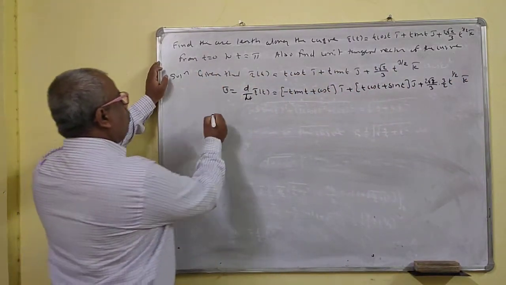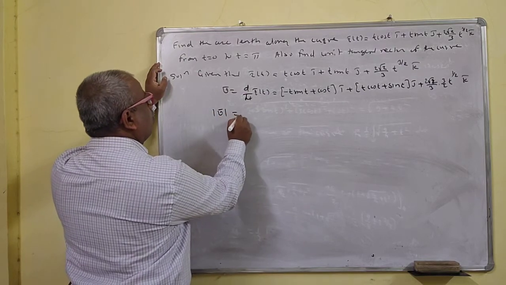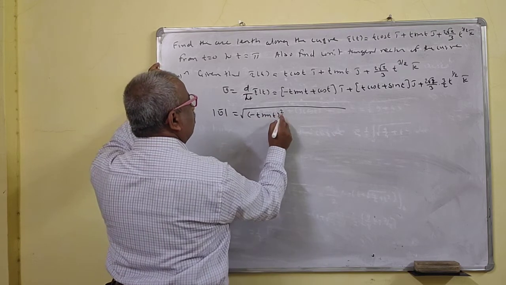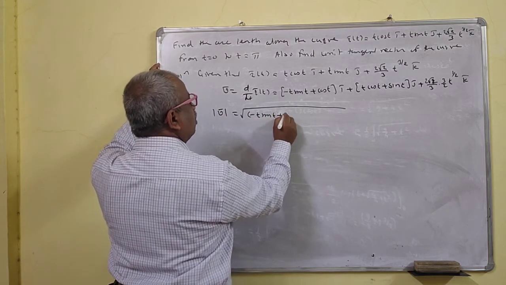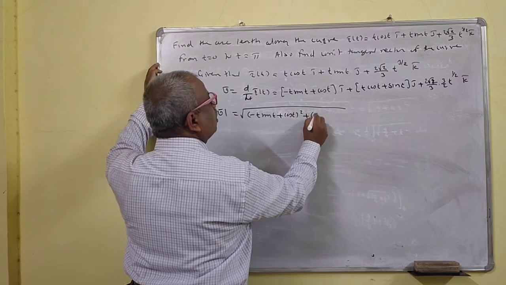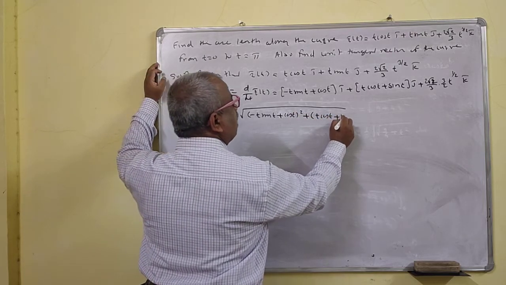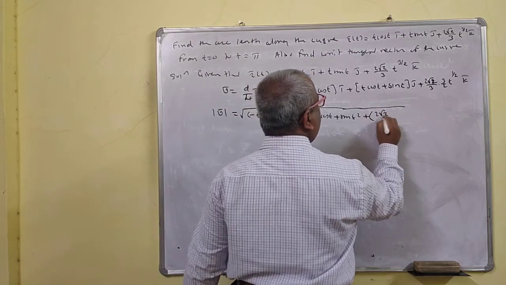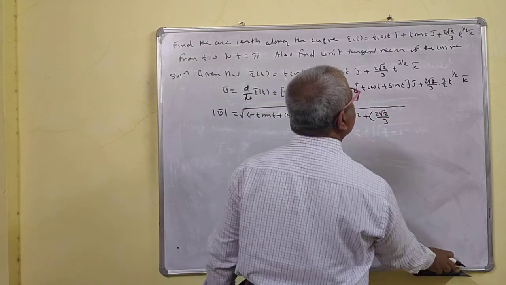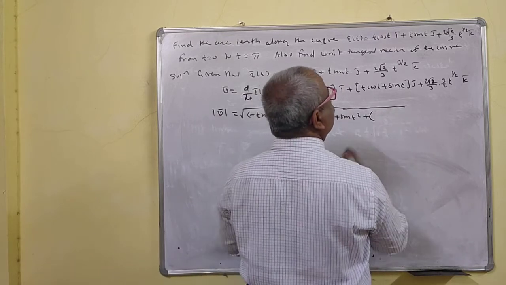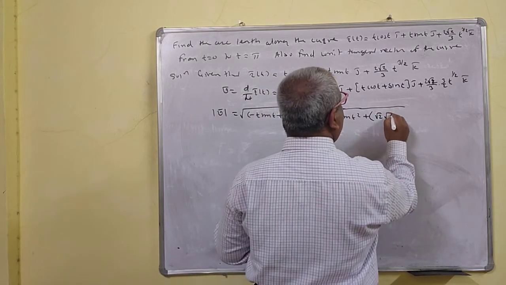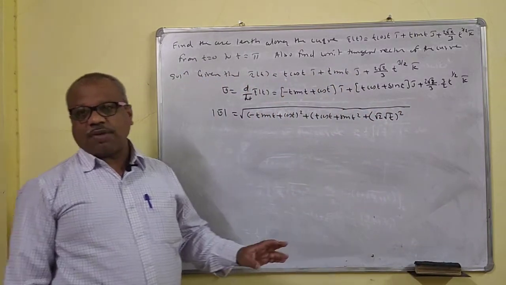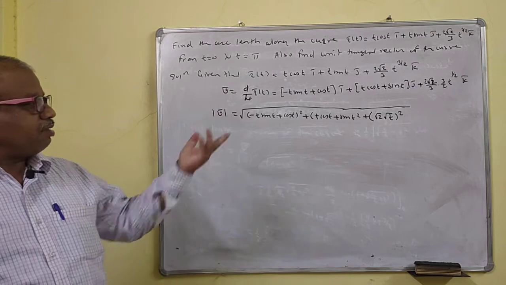Now the mod of v bar. This is the root of minus t sin t plus cos t, bracket square, plus t cos t plus sin t, bracket square, plus 2 root 2 by 3 into 3 by 2, which simplifies to root 2, into root t, bracket square. t raised to half is nothing but root t, so we have to take the square of that.